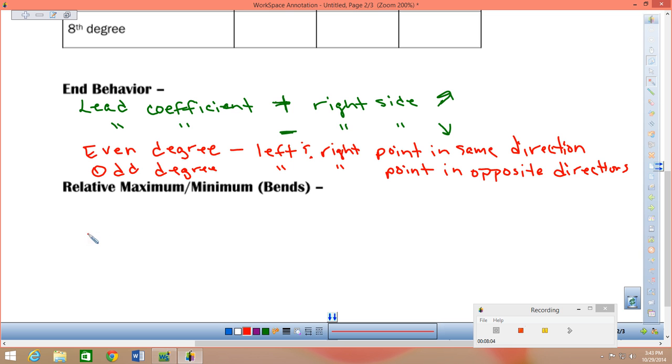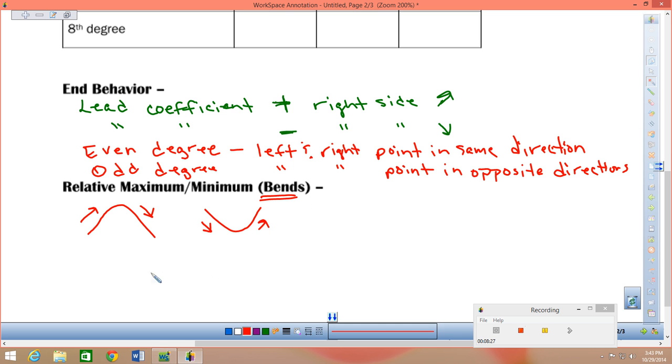So if it's going up and then it turns to going down, this is what we refer to as a maximum. It was going up, now it's going down, it has changed directions, it's a maximum. Also, if that graph was going down and then it turns to go up, we refer to that as a minimum. When we talk about bins, this is what we're talking about.